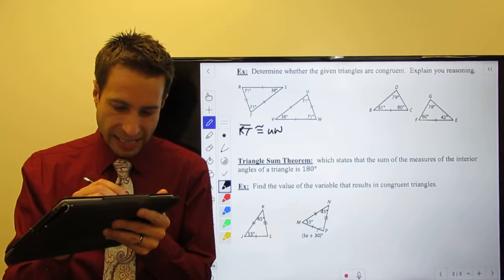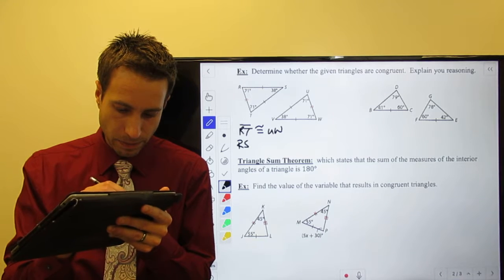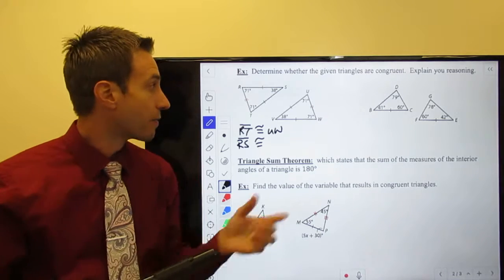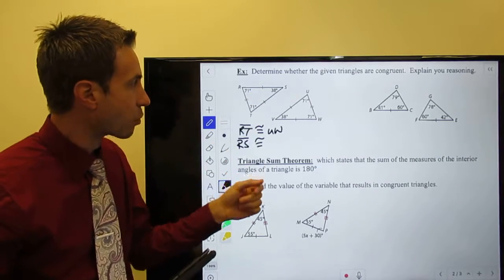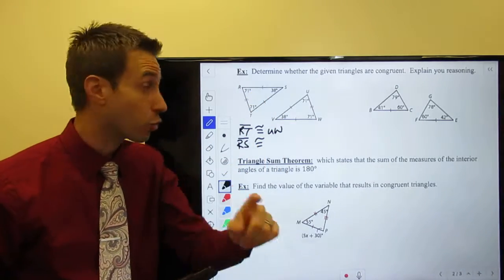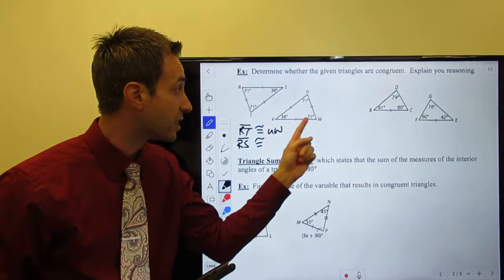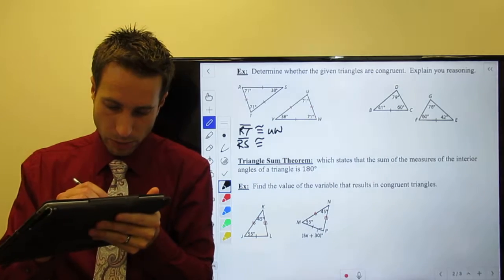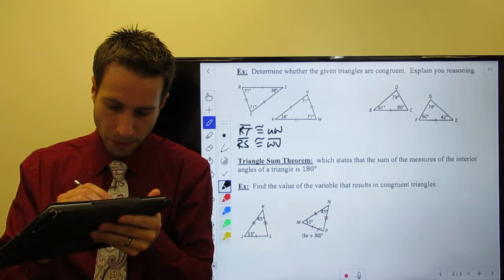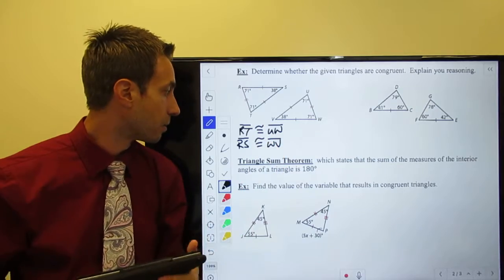I know that RS is congruent to its corresponding side, WV. So I put my little segment line above there.